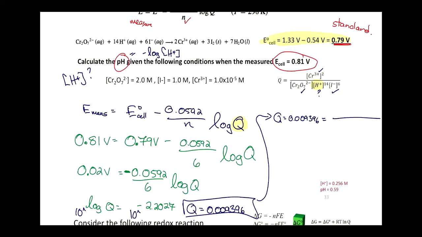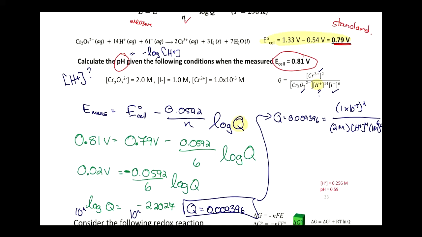The chromium concentration is 1 times 10 to the negative 5, squared, over the dichromate, so 2 molarity, not squared, we are solving for H plus, and that is to the 14th power. And then the I minus concentration is 1, so just 1 molarity to the 6th. So we can just ignore that, because 1 to any power is just 1. All right, there we go.